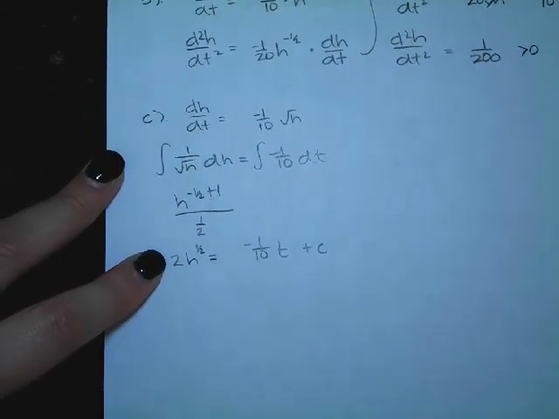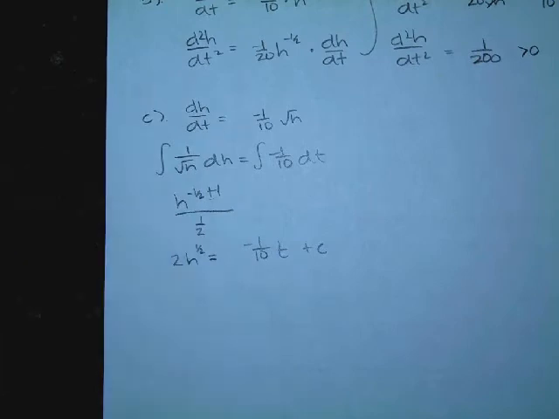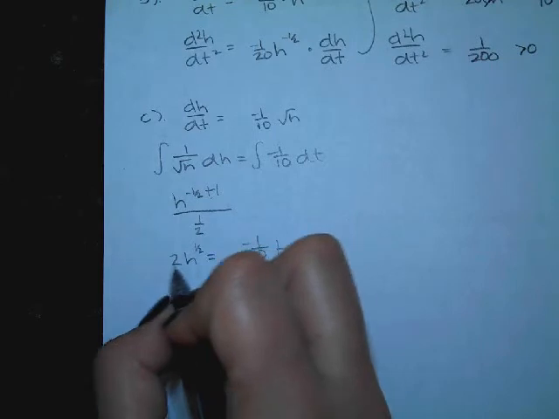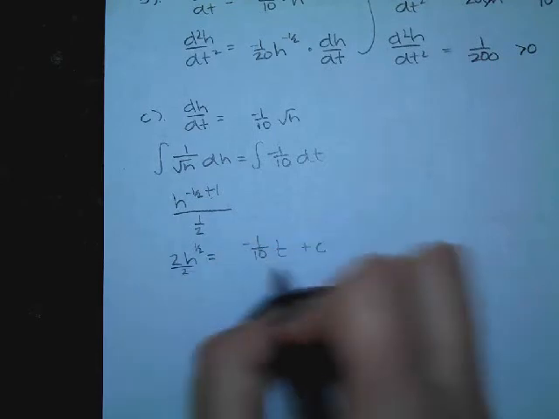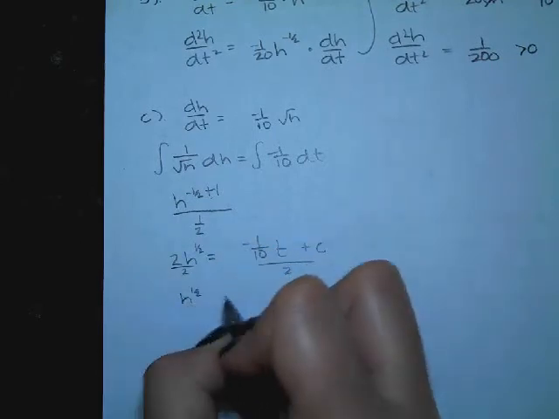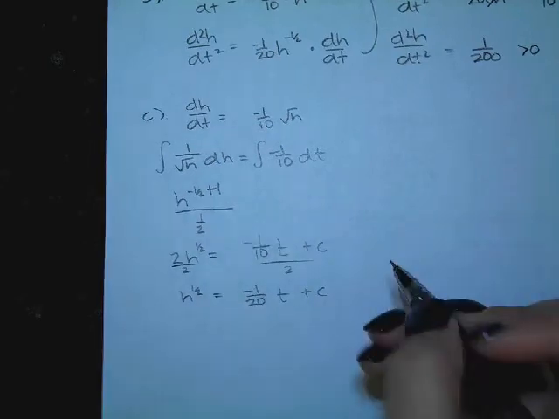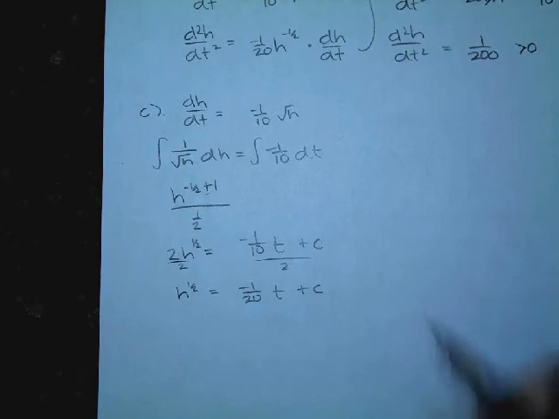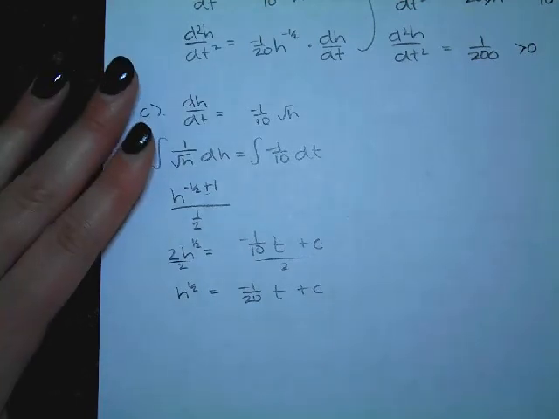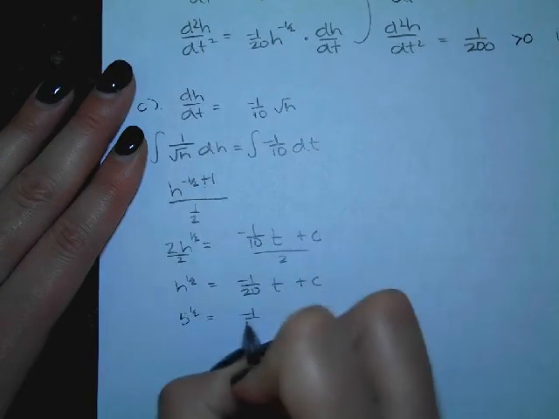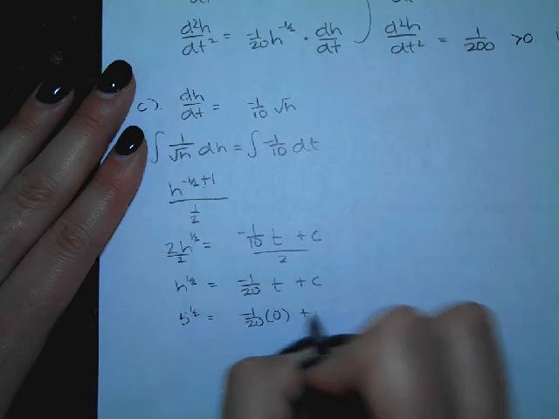And then I have the (0, 5), and it doesn't really matter when I plug that in. I'll just go ahead and divide by 2 real quick. So I have h to the 1/2, and then I've got negative 1/20 t plus c. A constant divided by 2 is still a constant, so that's why I just left it as c. And now I can go ahead and plug in (0, 5). So I have 5 to the 1/2 equals negative 1/20 times 0 plus c.